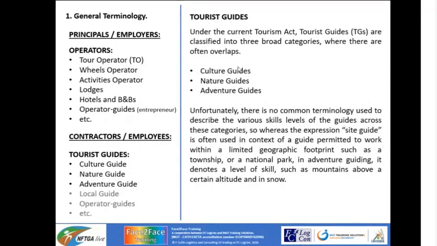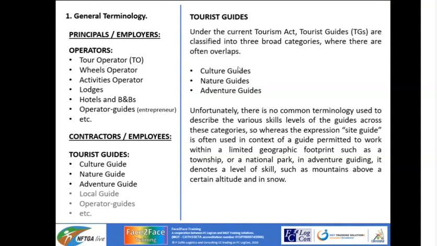Now, as a culture guide, if I look at the word site guide, I think that it refers to somebody operating in a limited geographical area, such as a township or a national park. But in adventure guiding, the site guide does not mean you can only operate on Table Mountain or you can only operate on Cathkin Peak.